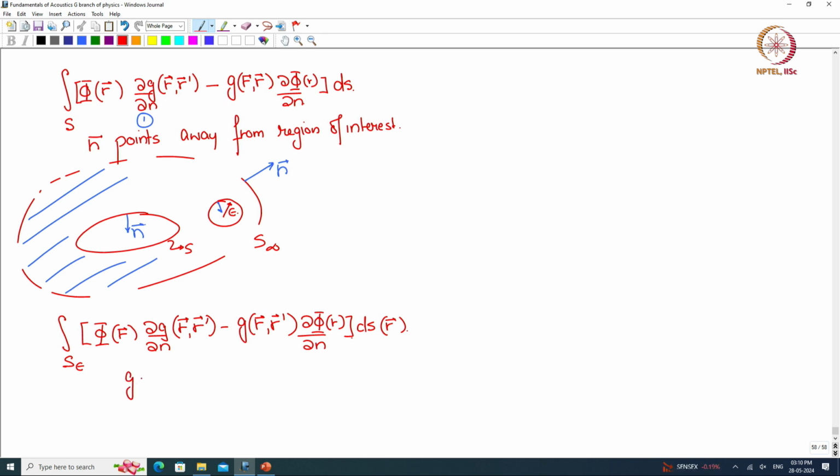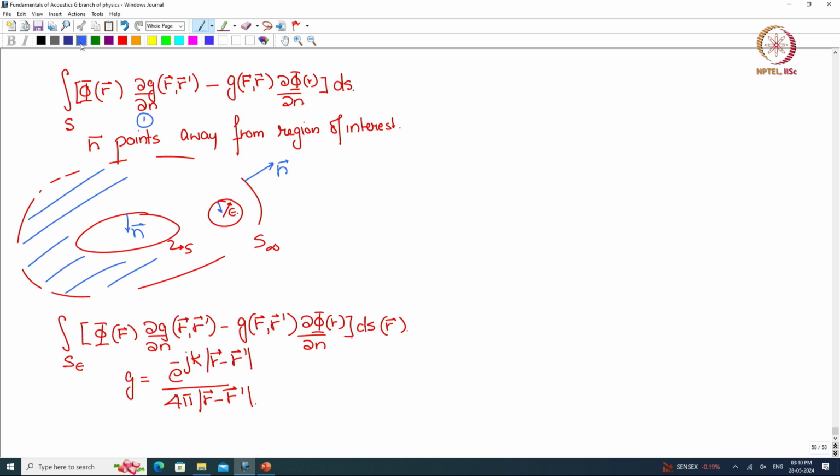G of course has this form, e to the power of minus j k mod r minus r dash by 4 pi mod r minus r dash. So this is the second integral.